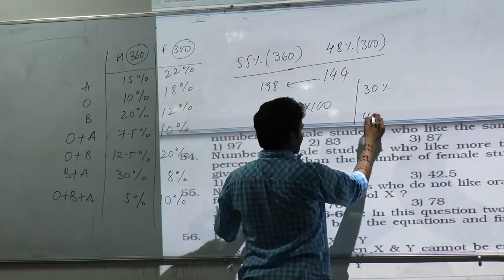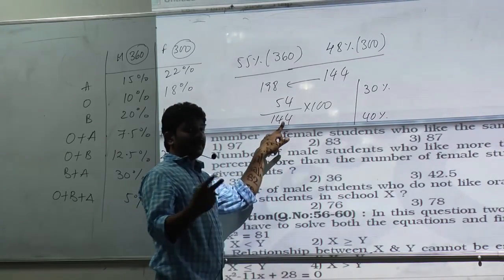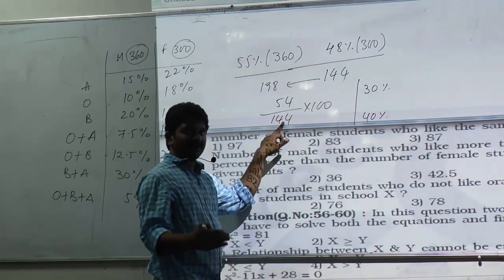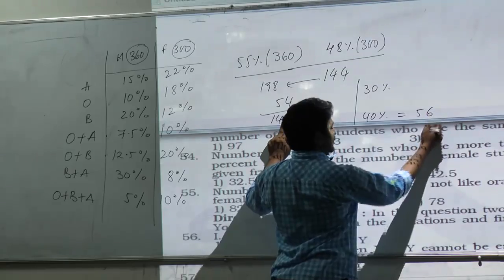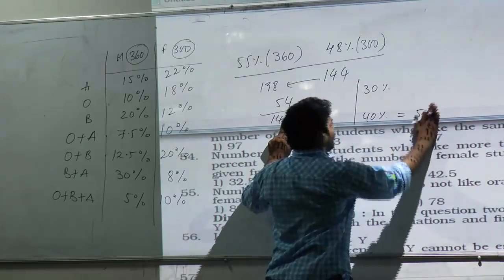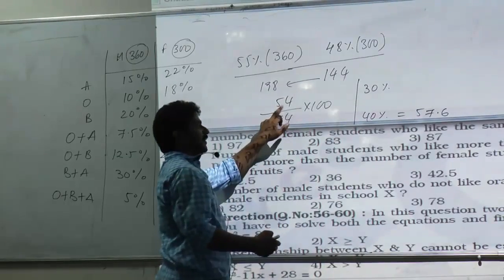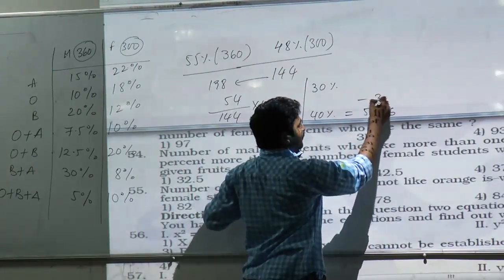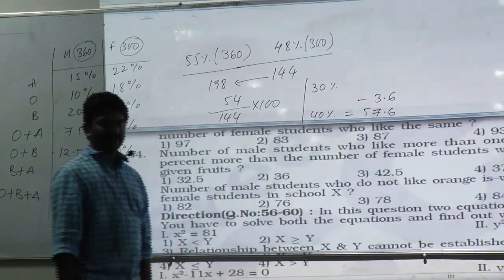And then 40%. What about 10%? 20%? 28.8. 40%? 57.6. Our number is 54, so you need to subtract 3.6 from 57.6.